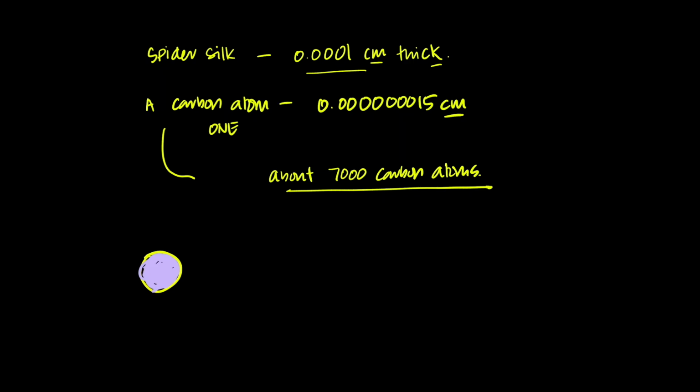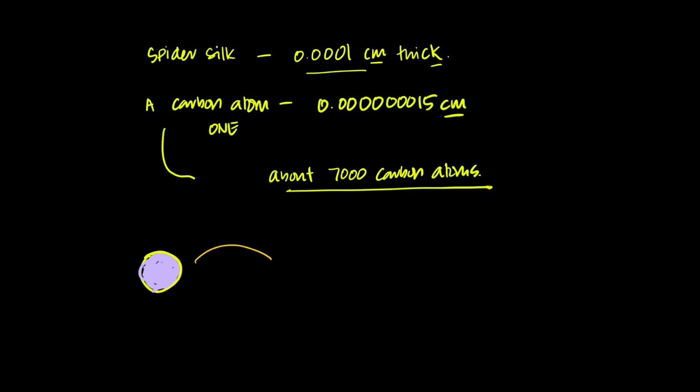It would be bigger than the whole football field that you see on TV. Really big. So the relative scale is that much. And the spider web is something that you barely see. If that is as big as a football field, only then can you see an atom as big as a coin.